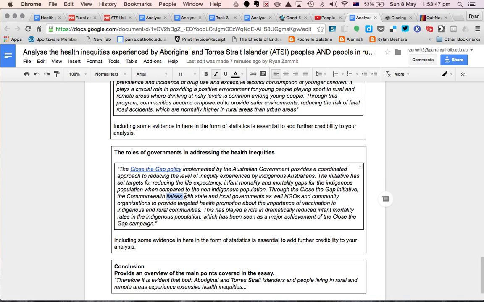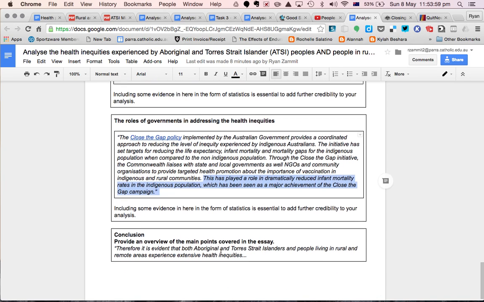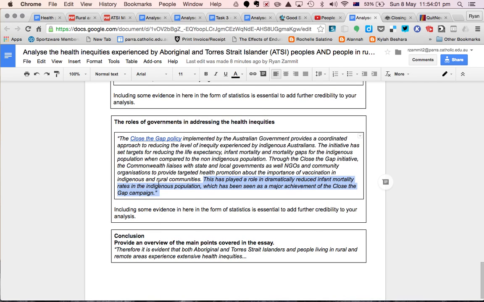Liaise just means that they work with. So they liaise with all these other sectors with health promotion, and this leads to reduced infant mortality and so on. So please read this closely, have a good look at it.